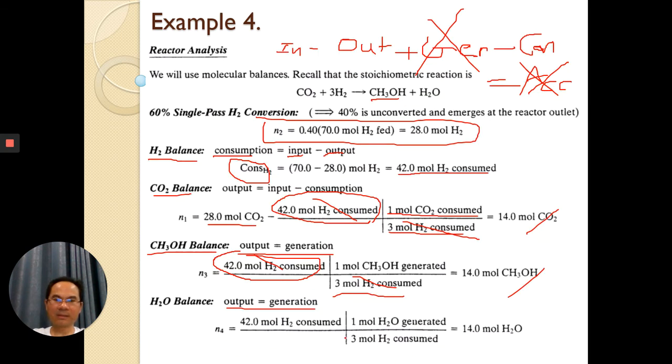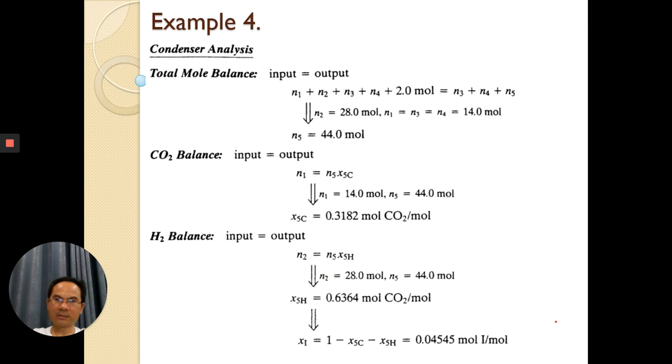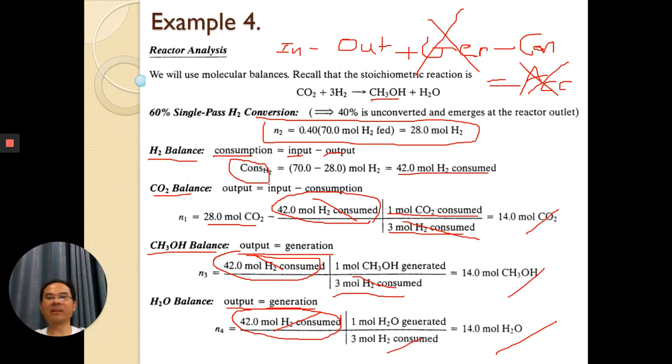From the reaction, 3 mole hydrogen consumed equals 1 mole water generated. With 42 mole hydrogen consumed, you get 14 mole of water.